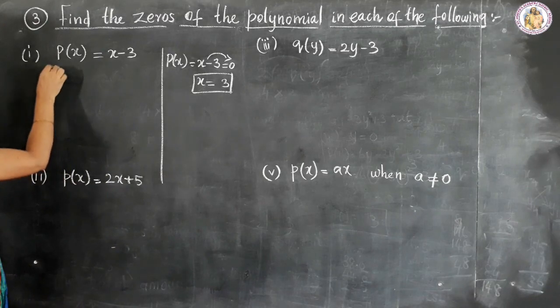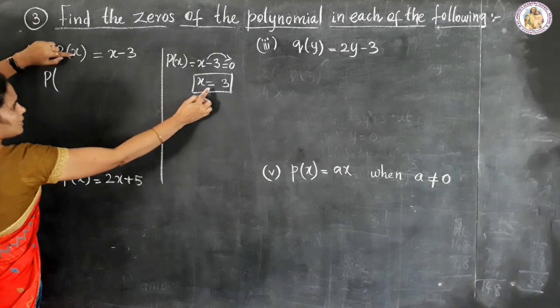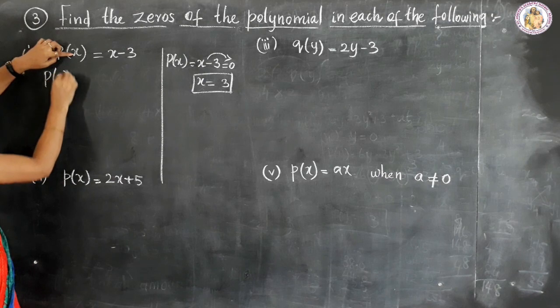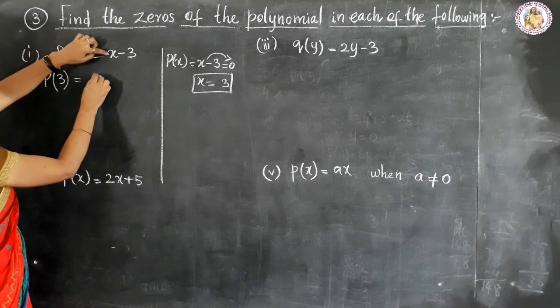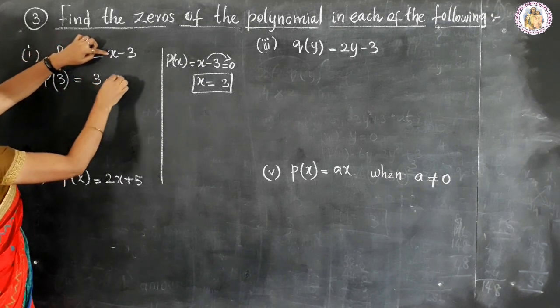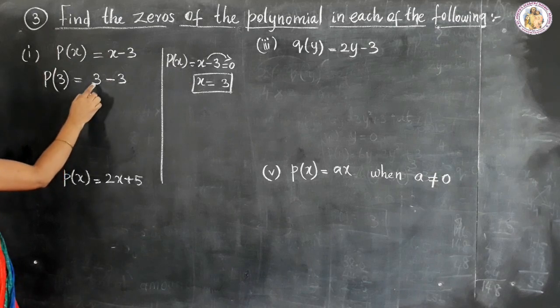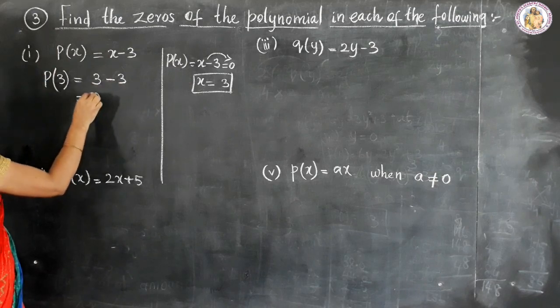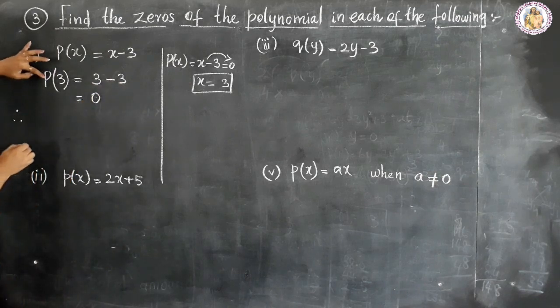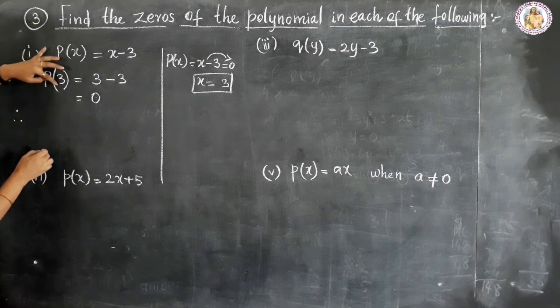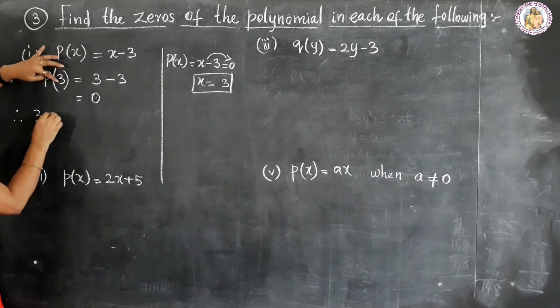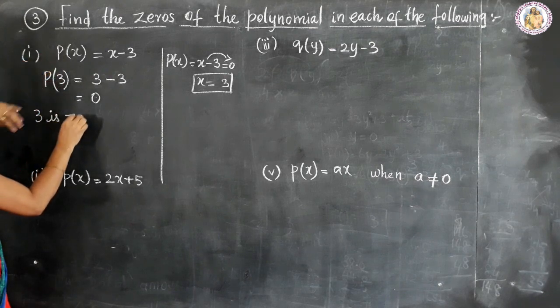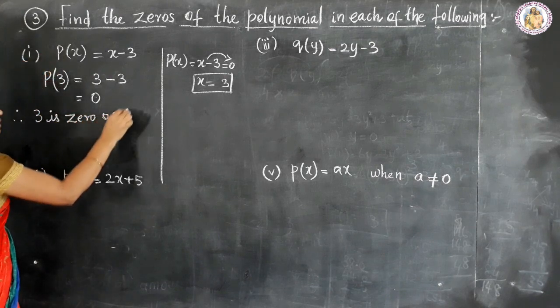So p of 3 is equal to 3 minus 3. So 3 minus 3 is 0. So therefore zeros of the polynomial: 3 is making the polynomial as 0. So 3 is the zero of the polynomial.